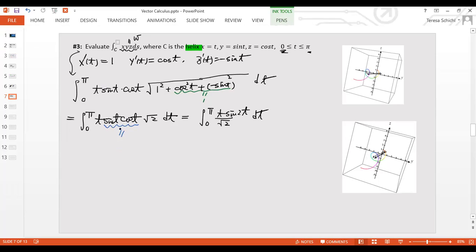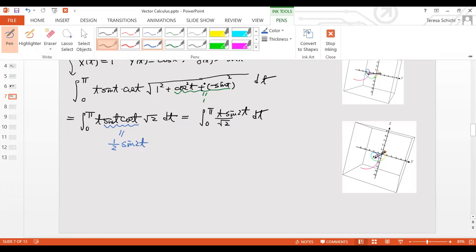This 2 here is 1/2 sine 2t, because sine 2t is equal to 2 sine t cosine t. So 1/2 and the square root of 2 become the square root of 2 on the bottom. Now you can use integration by parts, right?